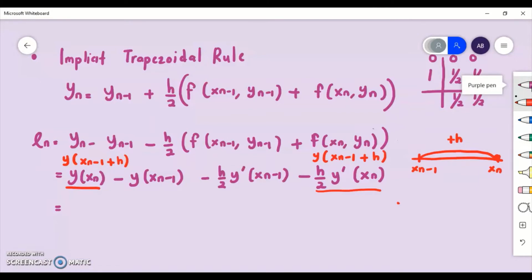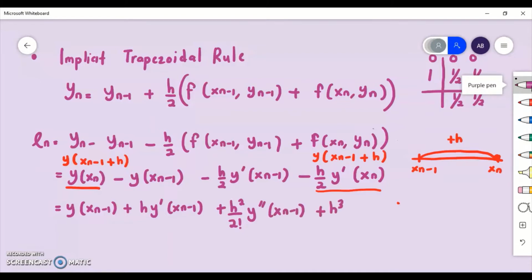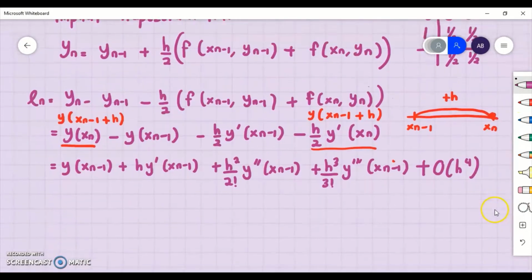Expanding this term will give me, I want to use purple, y at xn minus 1 plus h y prime at xn minus 1 plus h squared over 2 factorial y double prime at xn minus 1 plus h cubed over 3 factorial y triple prime at xn minus 1. That's it. I will have to write the order 4 term, but I don't have to expand anymore. So I'm going to expand everything up to the power of h cubed.